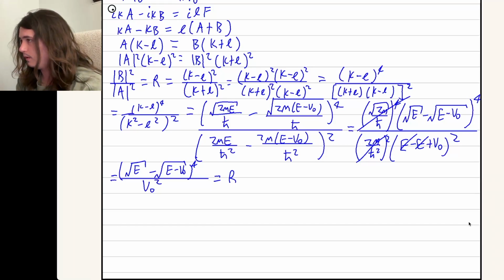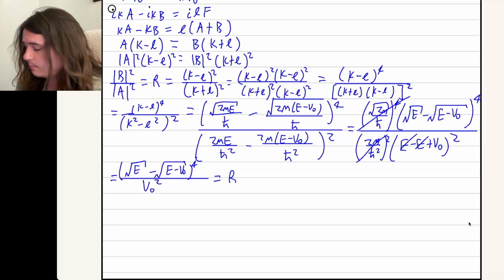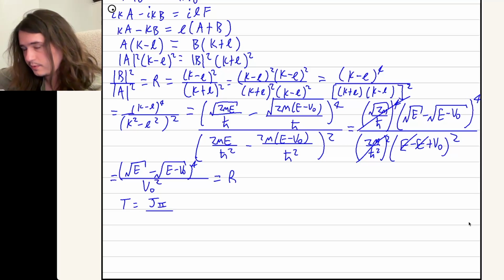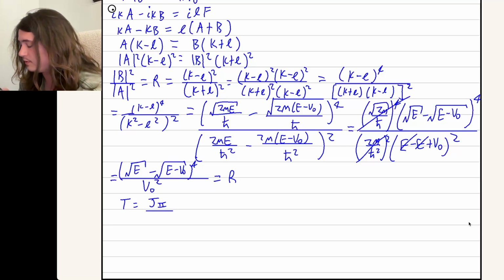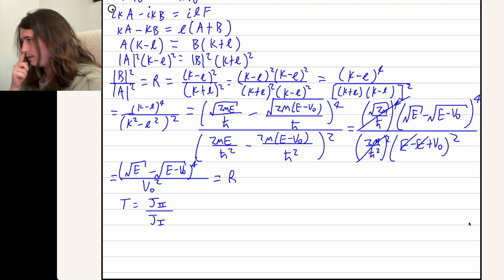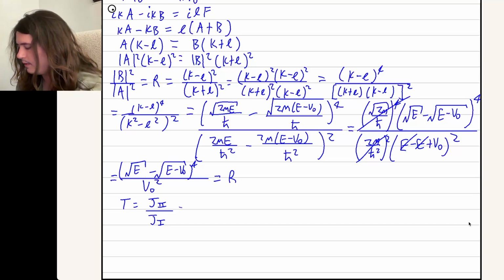So we have to do a more fundamental equation for the transmission coefficient, which is just that it's the probability current in whatever region you're scattering or tunneling into, divided by the probability current of whatever's on the other side.